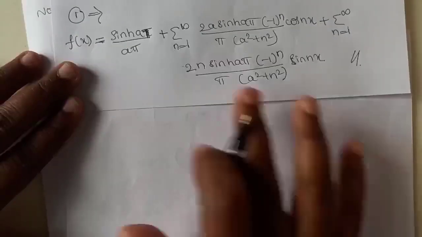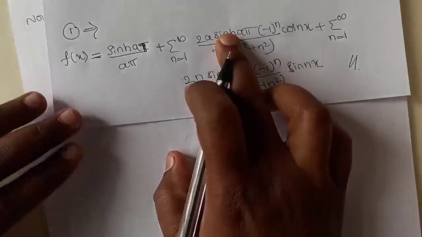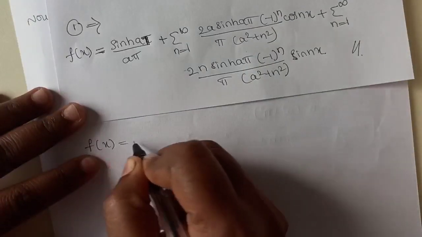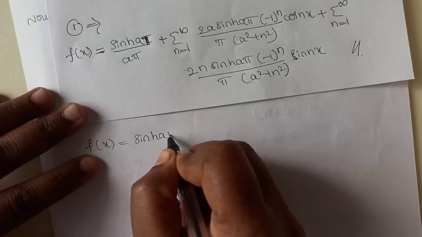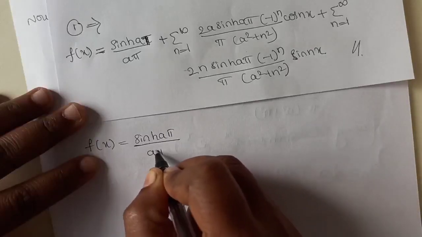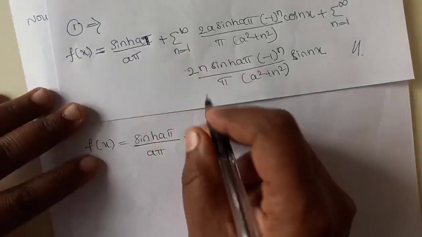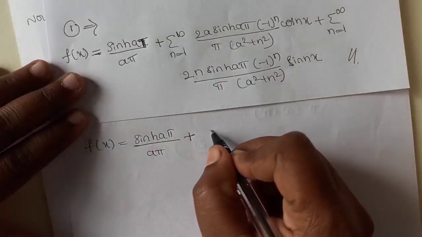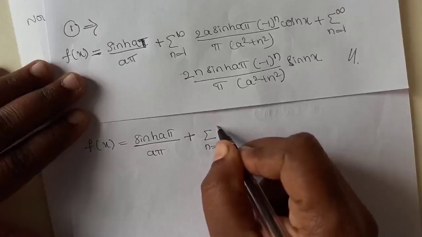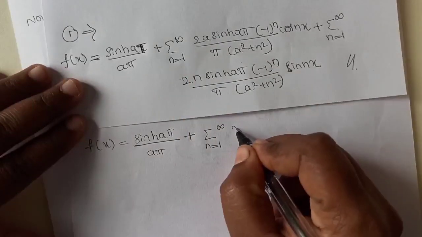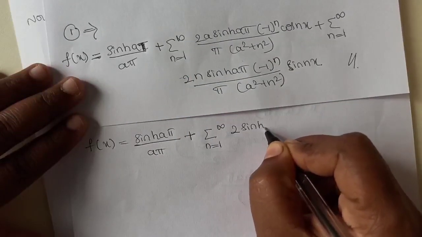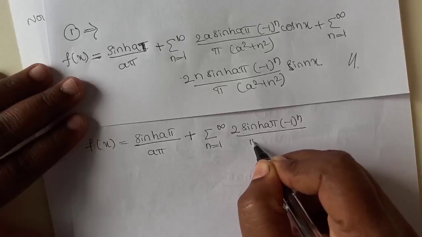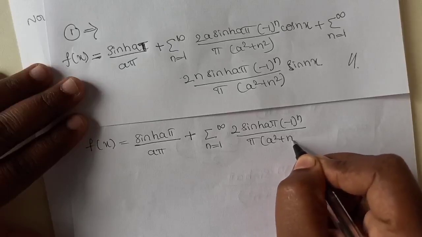Further, this can be written by taking this as common. On taking common we get f of x is equal to sinh a pi divided by a pi plus summation n equals 1 to infinity, taking 2 sinh a pi minus 1 raised to n divided by pi times (a square plus n square) as common.